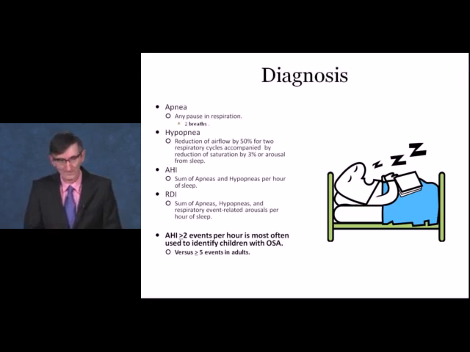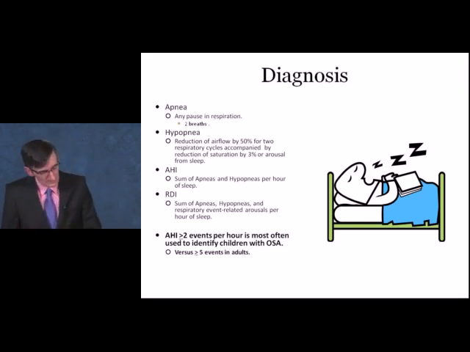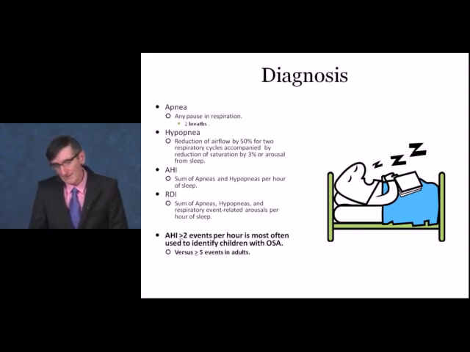Now, what do we regard as obstructive sleep apnea? Greater than 2 events per hour is most often used as the criteria for obstructive sleep apnea. Now, some laboratories use 1, and they probably classify apnea more strictly.